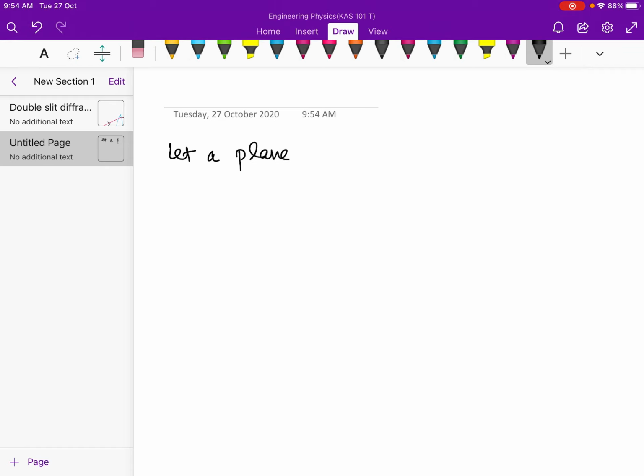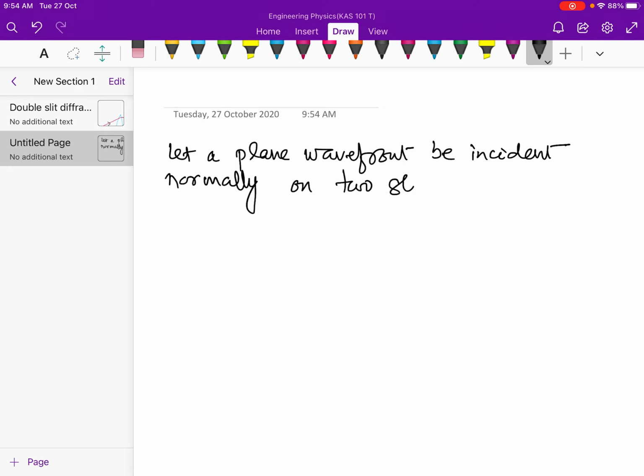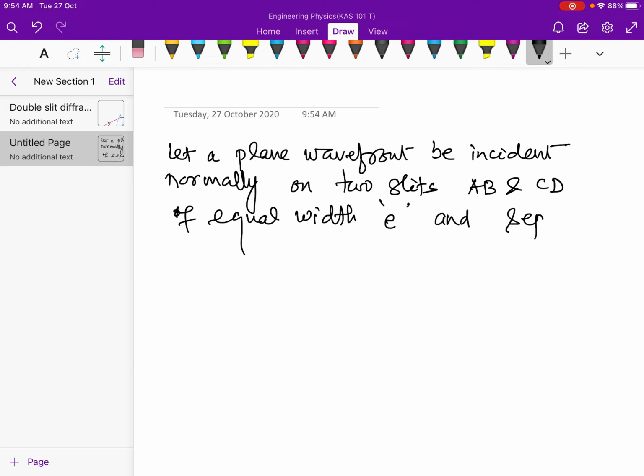Let a plane wave front be incident normally on two slits AB and CD of equal width e and separated by an opaque distance d.